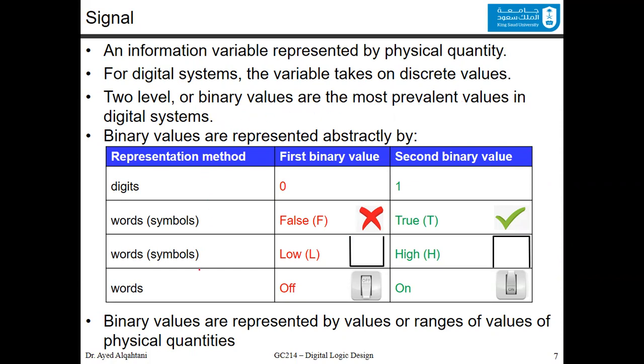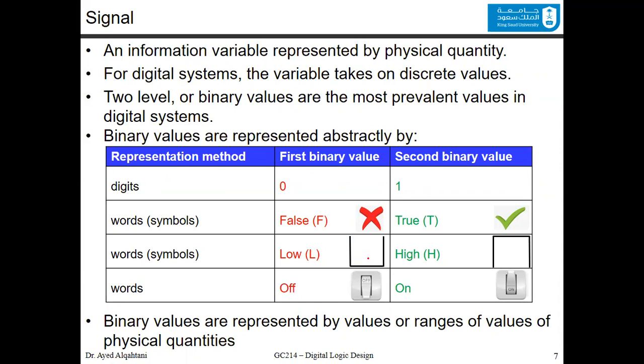And here are some examples of how to differentiate between those two values. If you have the representation method as digits, the first binary value is 0, and the second binary value is 1. And this is the most famous representation. We call it 0s and 1s. It could be words, like, for example, false and true, or low and high.